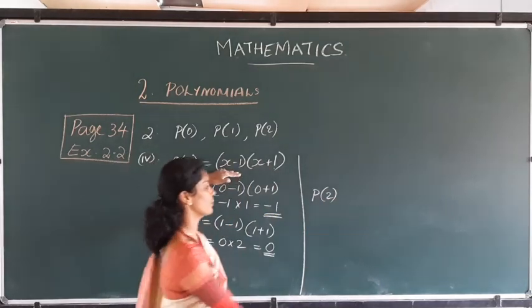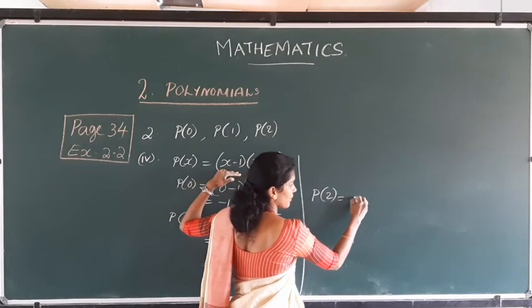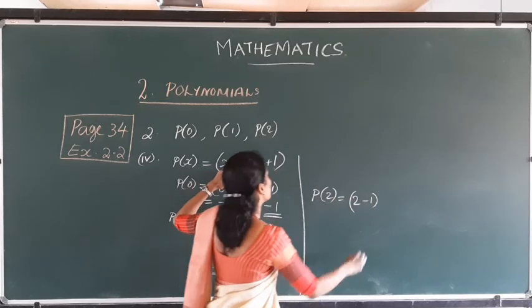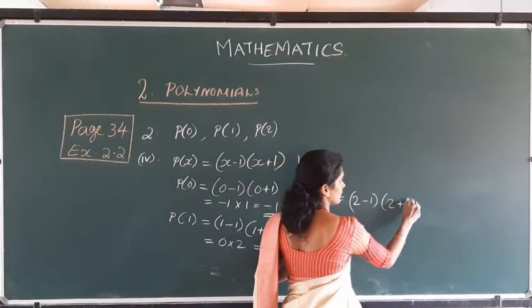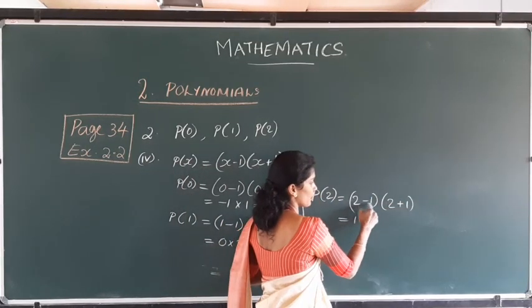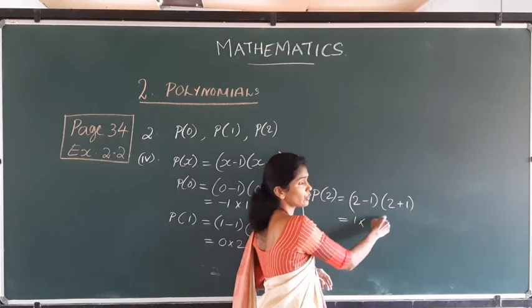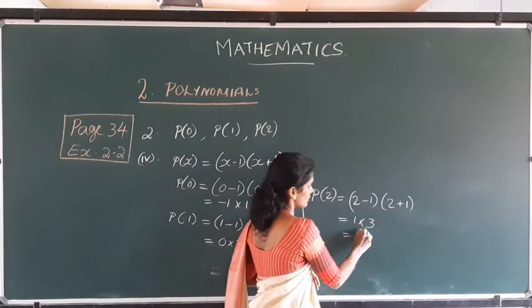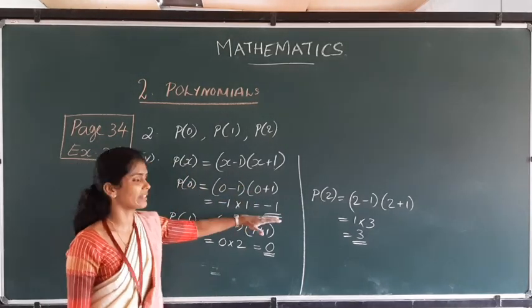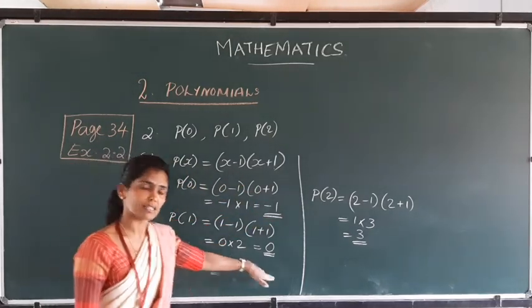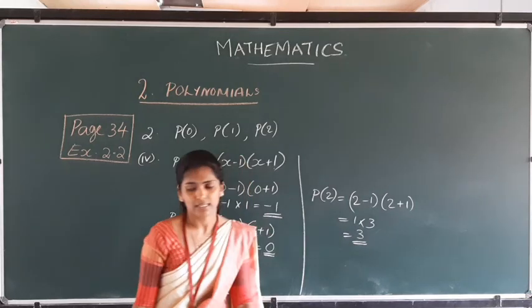In the place of x minus 1, we write 2 minus 1. In the place of x plus 1, we write 2 plus 1. This is equal to 2 minus 1 is 1 into 2 plus 1 is 3. Therefore, in this question, p of 0 is minus 1, p of 1 is 0, p of 2 is 3.